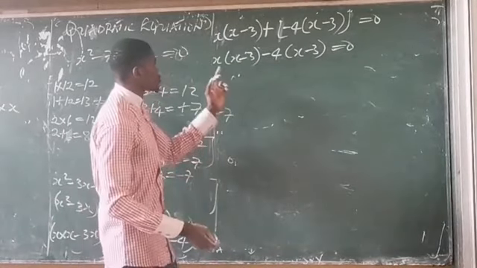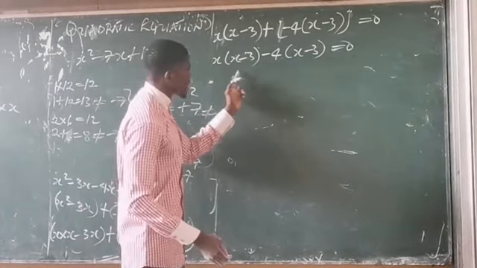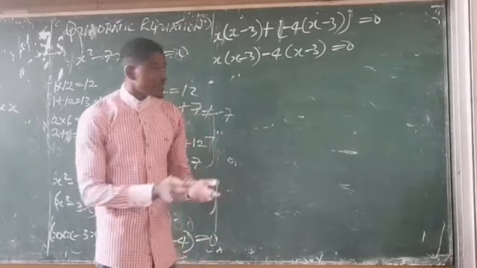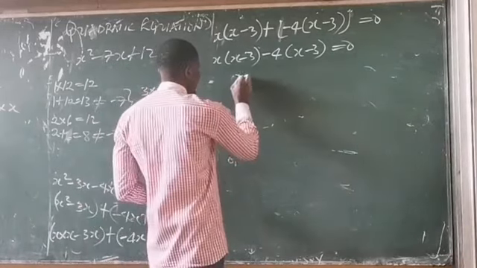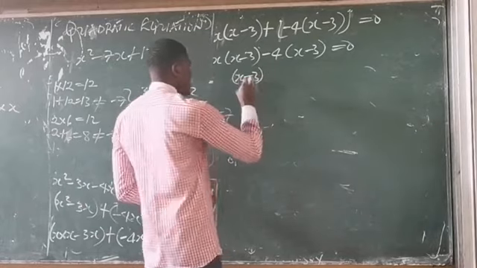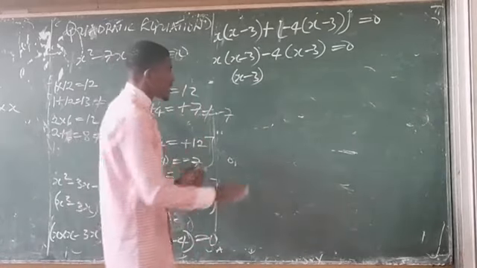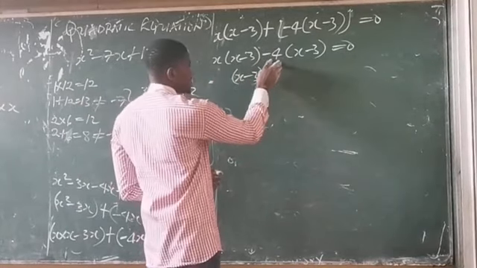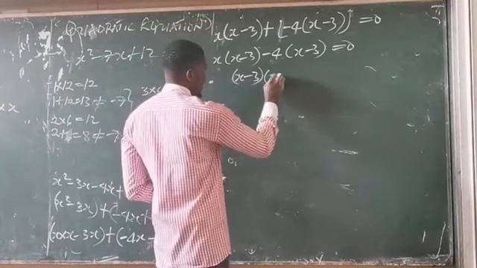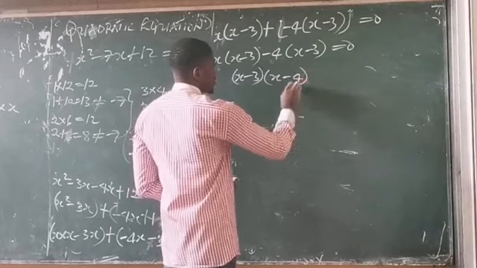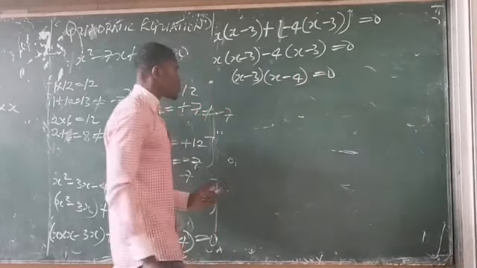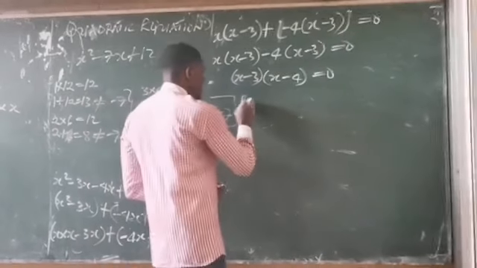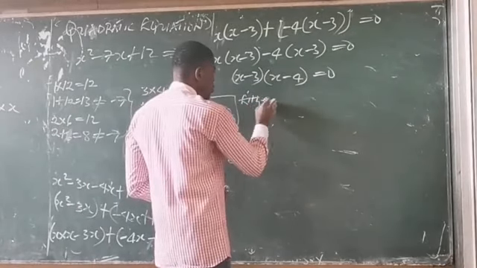Since you have two terms that look alike, x minus 3 and x minus 3, pick only one of it, put it in the bracket. Then open another bracket, pick this x that is here, and this minus 4, and put it in the bracket. So you have x minus 4 equal to 0. Once these two terms multiply to give 0 in mathematics, it means that either one of them is equal to 0.